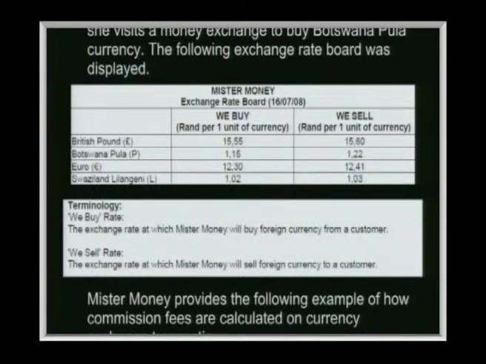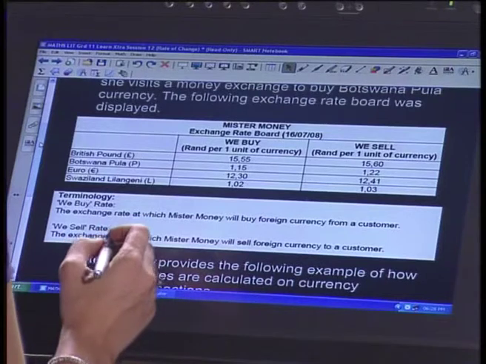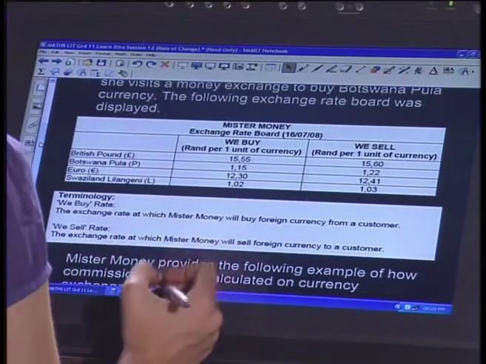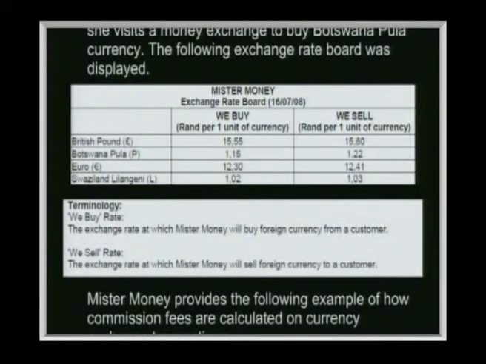Well, the we buy rate is the exchange rate at which Mr. Money will buy foreign currency from a customer. So if I had to go to Mr. Money with euros, this is the rate at which they would buy euros from me. Whereas if I went to the exchange company, Mr. Money, with my rands, these are the rates at which they'd sell me different currencies.